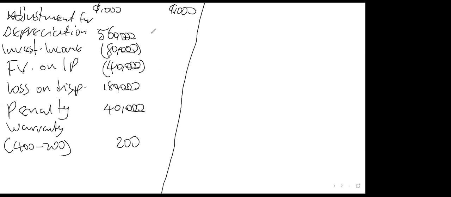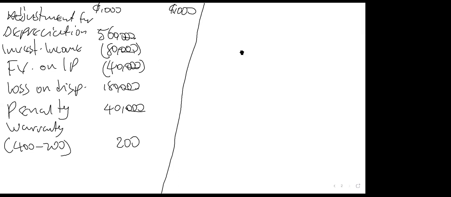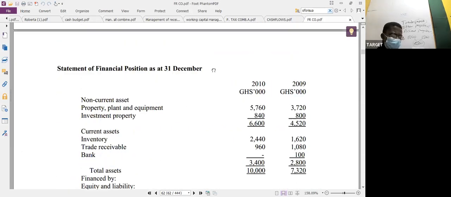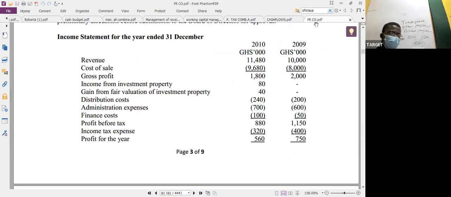Now this one I have to maintain, because this 40 I pick from here. It's in thousands already, so there's no need for us to show the last 3 zeros. Agreed.